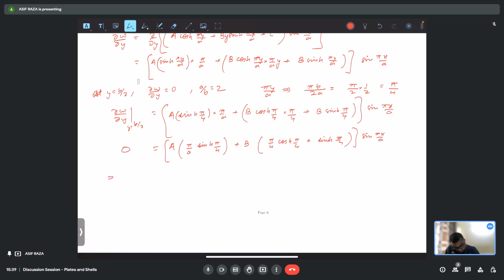So this can be simplified as a by b is equal to, we take this as 0, this part equal to 0.